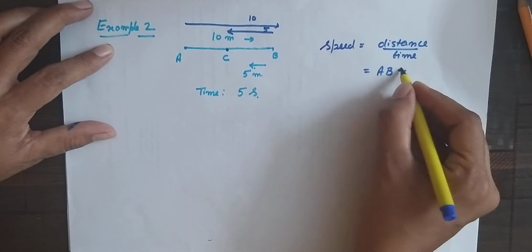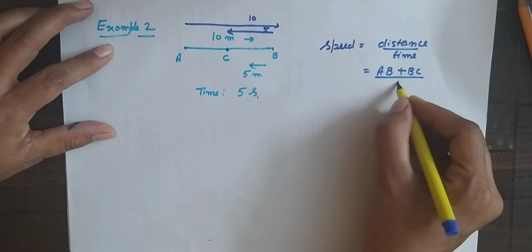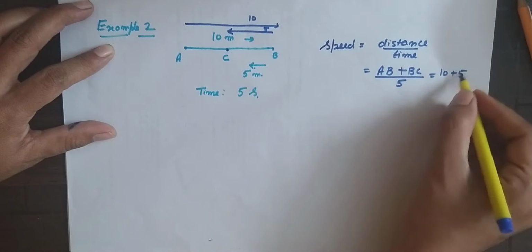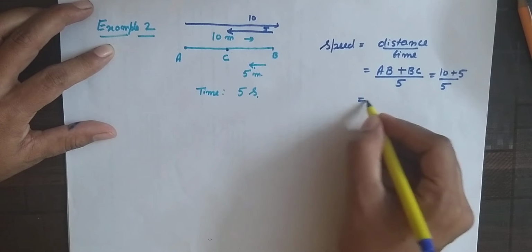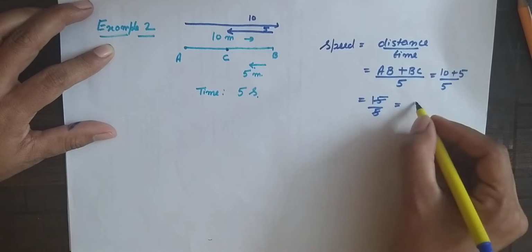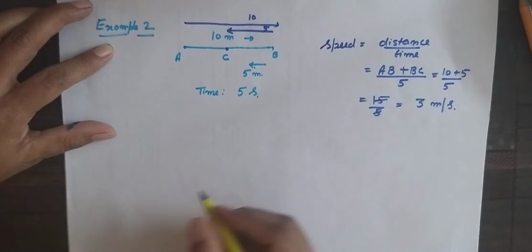So it is AB plus BC divided by the time taken for the entire journey, which is 5 seconds. So it is 10 plus 5 over 5, so 15 by 5. So my answer will be 3 meter per second, right?